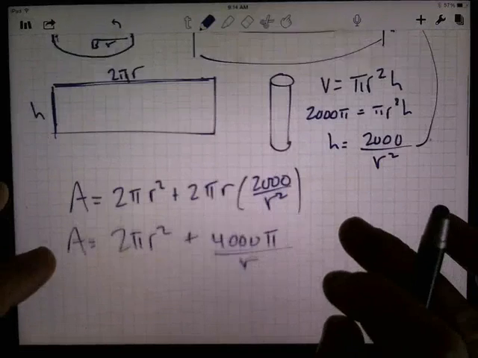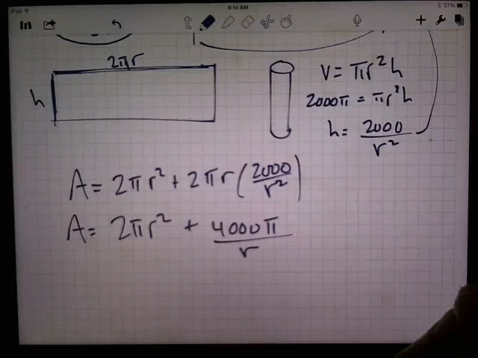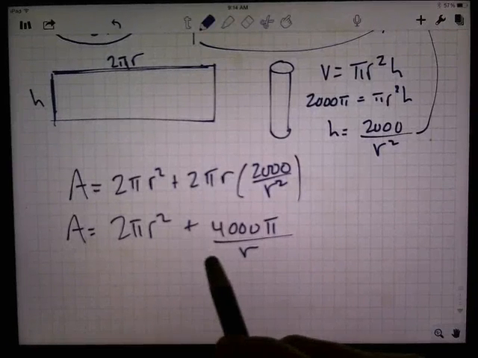Now I have the area just as a function of r.